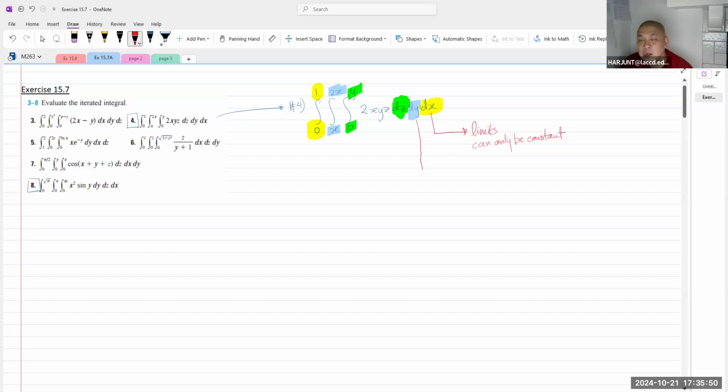The middle integral limits can contain x, which is the variable for the outer integral. Now the innermost integral limits can contain y and x.